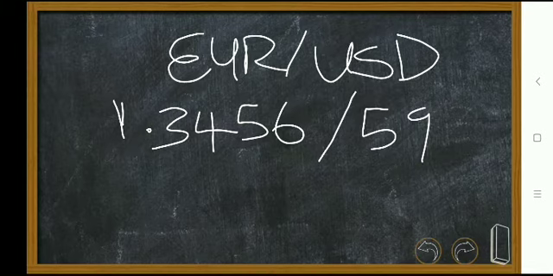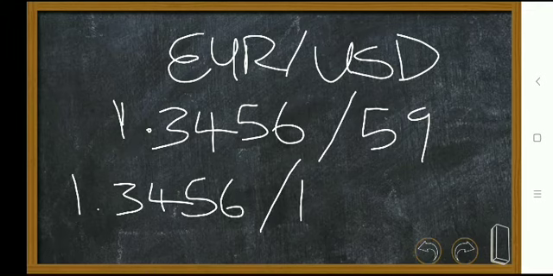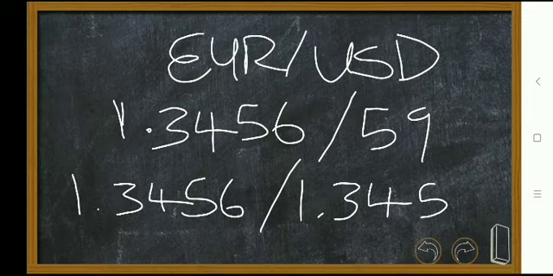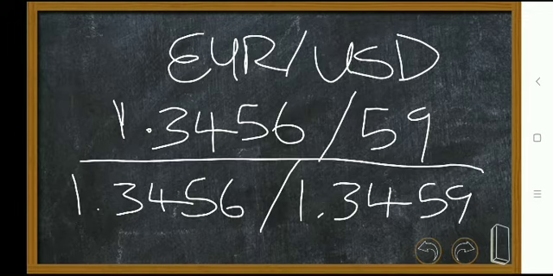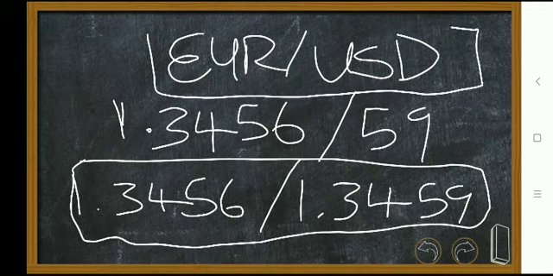So it's 1.3, so it will be like this: 4, 5, 6, and 1.34559. Please don't confuse this and say it's this. No, we are on a different case.